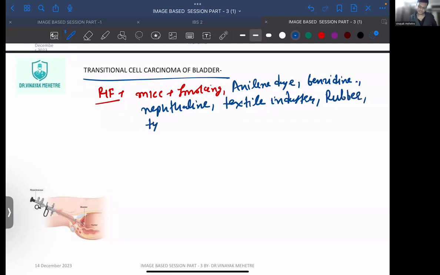Where will rubber be used? Tyre industry. Okay. And a microbiology question: transitional cell carcinoma of the bladder is going to be caused by which organism? Anyone? No one?